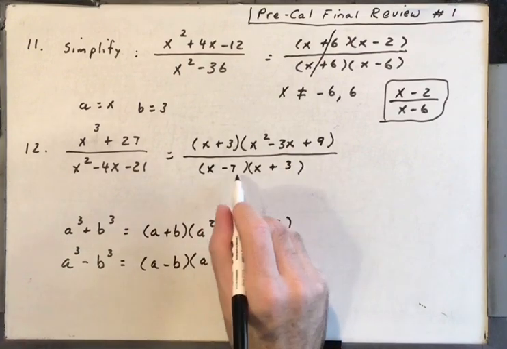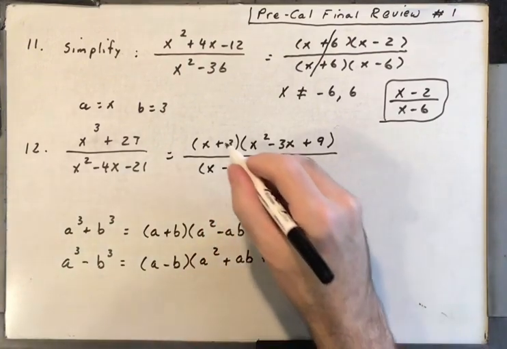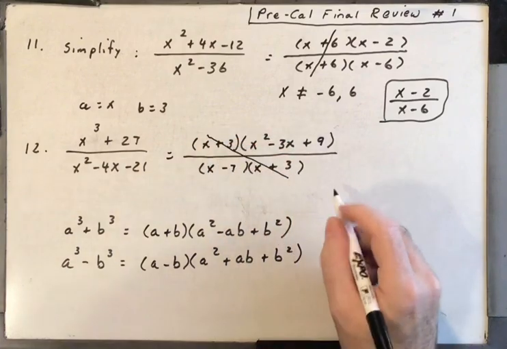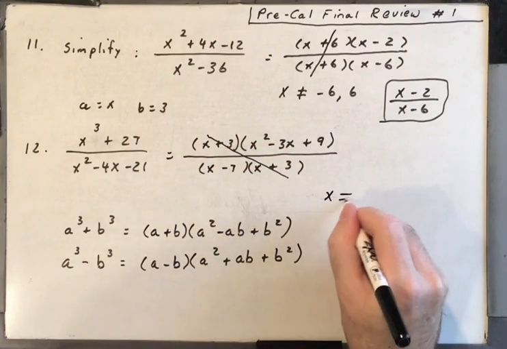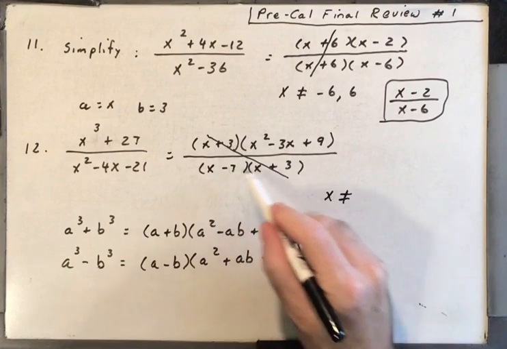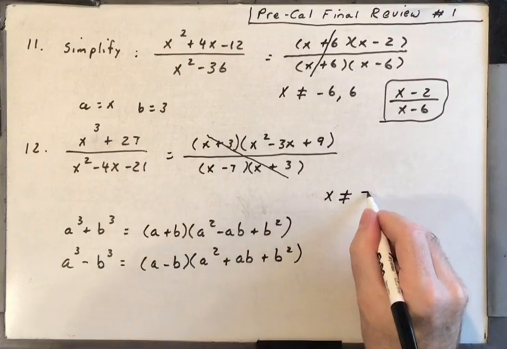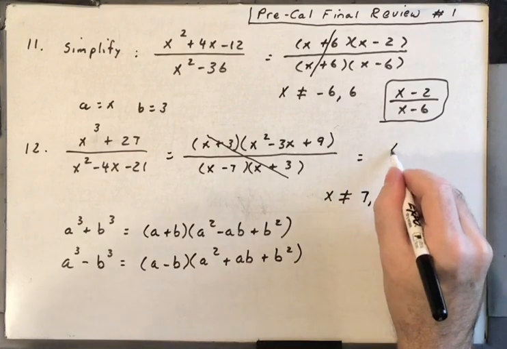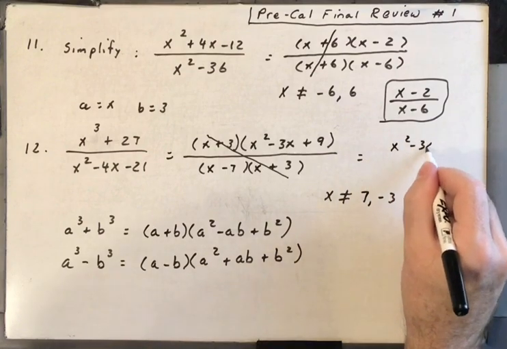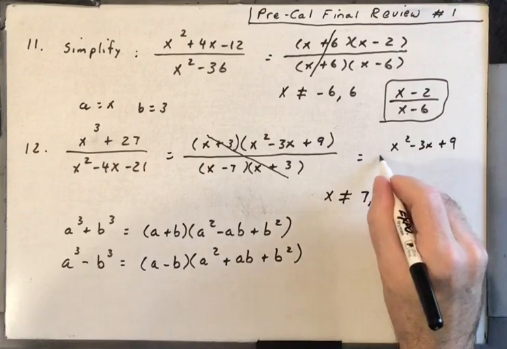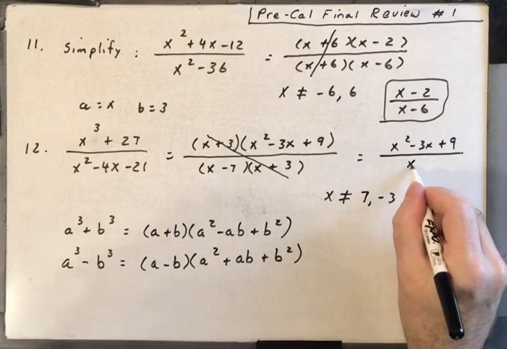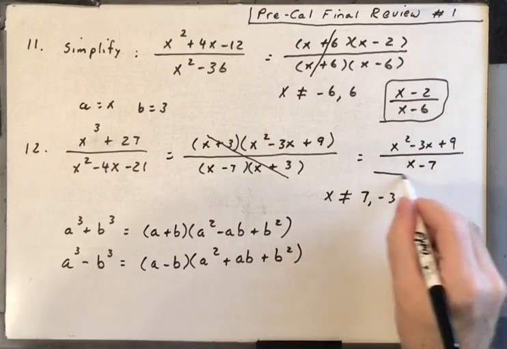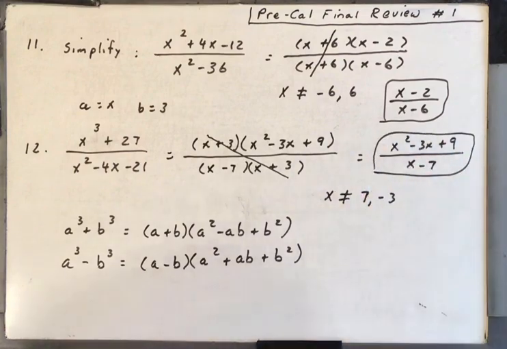That'd be negative 4. Yeah, that's going to work. And so the x plus 3's cancel out. Our domain restriction, x can't be 7 or negative 3, because that'd make the bottom 0. And then this simplifies into x squared minus 3x plus 9 over x minus 7. All right, pause it if you need to.